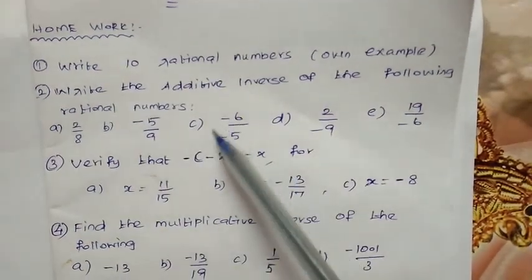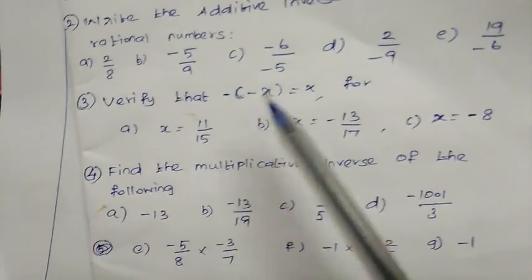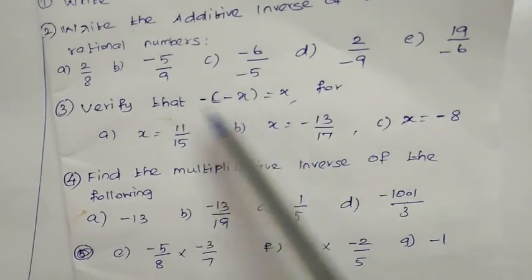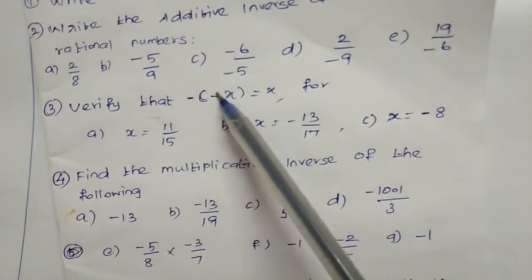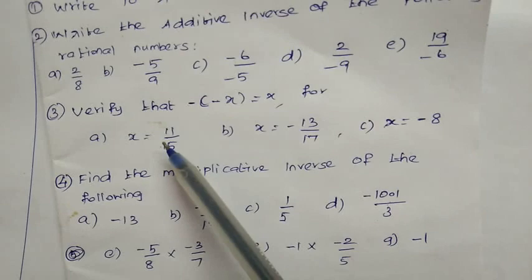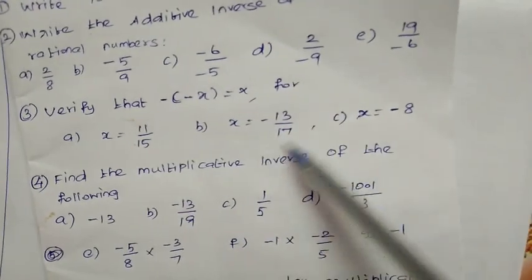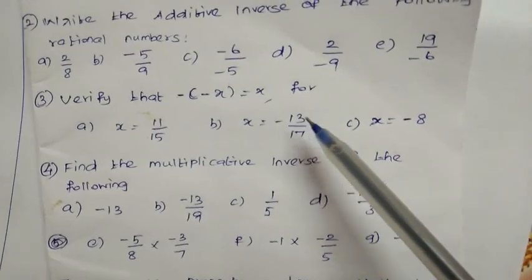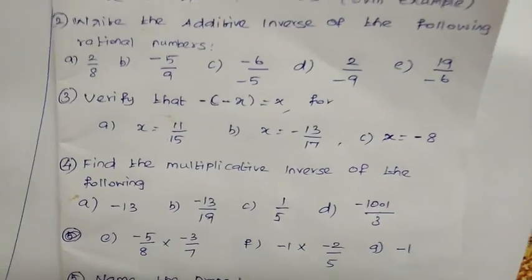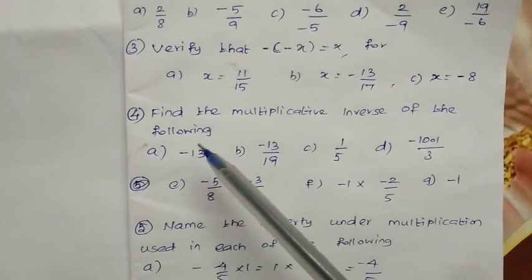First write the standard form of the particular problem and change the sign: minus means plus, plus means minus. Verify the problem: minus of x is minus into minus, plus. Give your answers carefully and verify your problems once again.